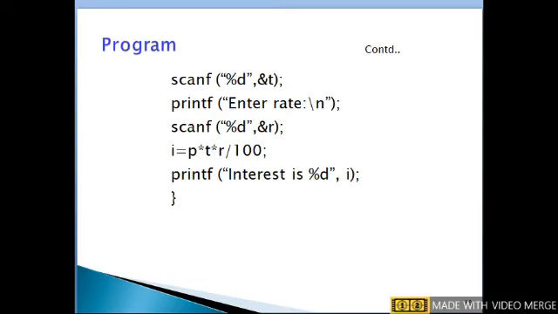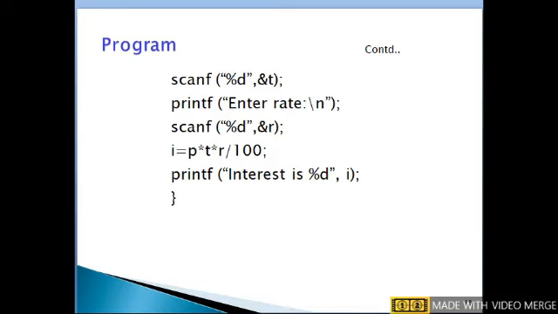As we discussed in the earlier class, whenever the assignment operator is executed, it evaluates the right hand side expression first. After that, the resultant value is assigned to the left hand side variable of the assignment operator. So here the simple interest is calculated and stored in the I variable.